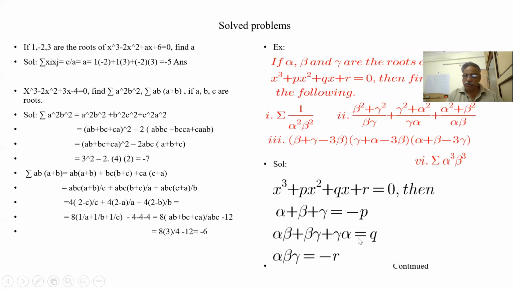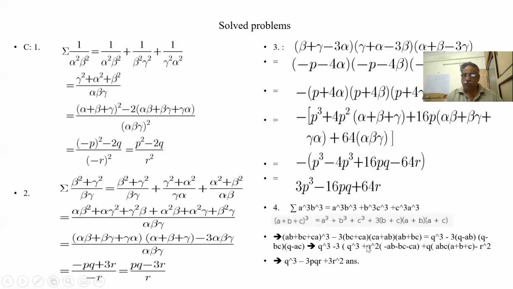So this is minus q cube, and q cube gets cancelled. So when we substitute the respective values, we have q cubed minus 3pqr plus 3r square as the answer. So we should be able to convert it by doing more and more practice on such equations.